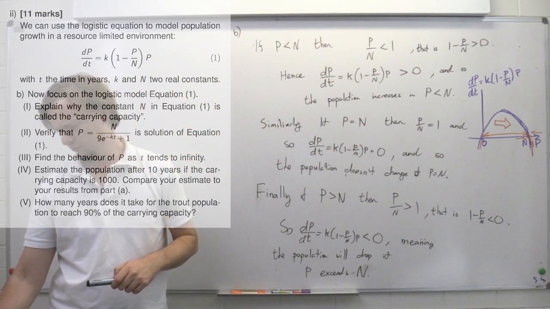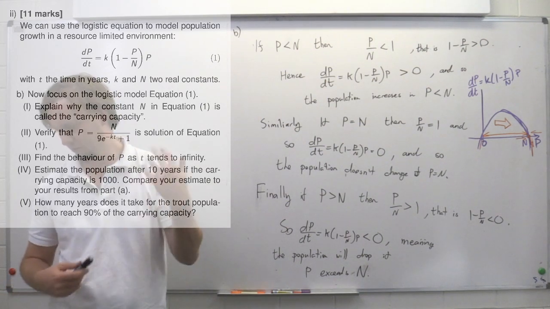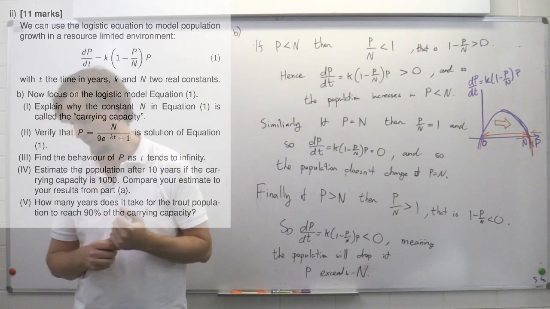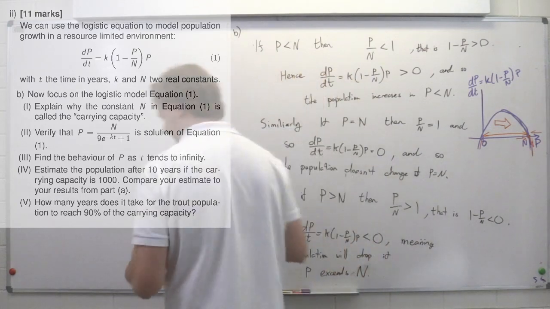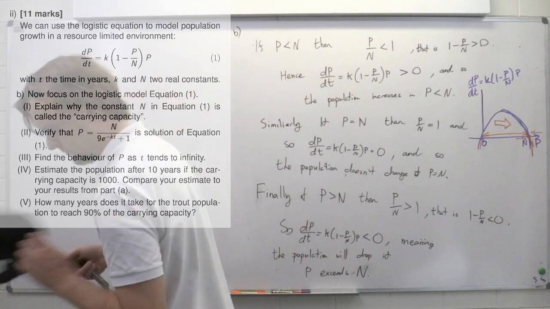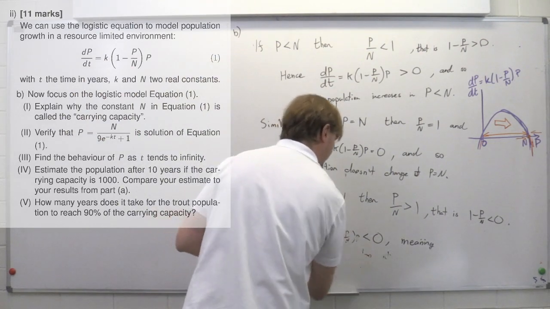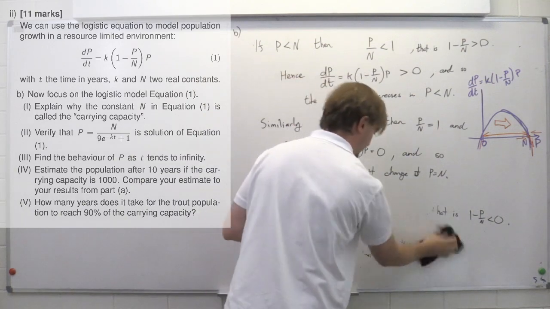Now we're also given a solution, and we want to talk about what happens to this solution as t tends to infinity. So first part is verify what we've given you is actually a solution. And that really just means make sure what we've given you does satisfy the differential equation.